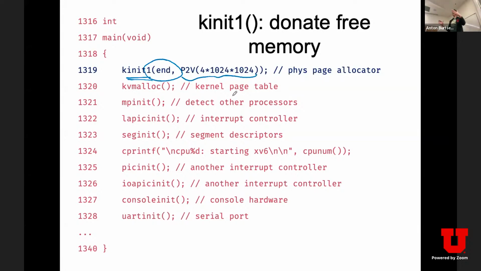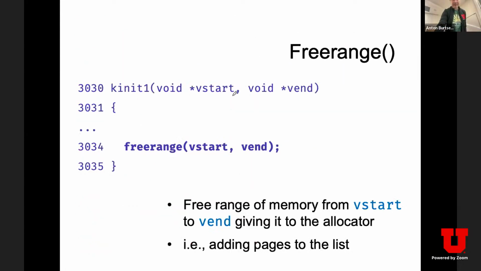So this is the chunk of memory which is currently mapped, not big enough, but good enough to make this pool. And how do you donate something to this list? You just free the pages. You pretend that they were already allocated, but if you free a page, it will automatically be added to the list, right? Because that's how we designed the free function.